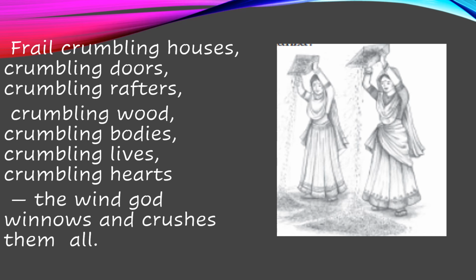Crumbling rafters. Rafters are the support given. For example, if there is a room to be built, the ceiling that has been put, clear, that is the rafter. So crumbling rafters. Here, your ceiling is your thoughts, your head. So your thoughts are being crumbled. It is crumbling. It is not stable. Crumbling wood.